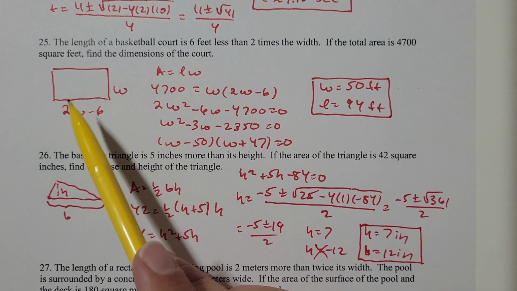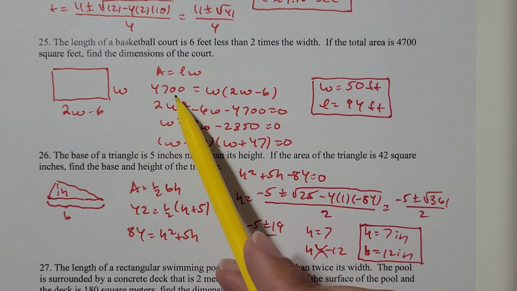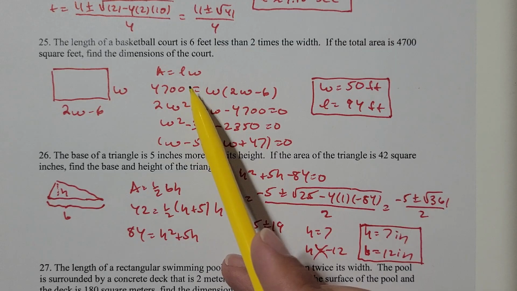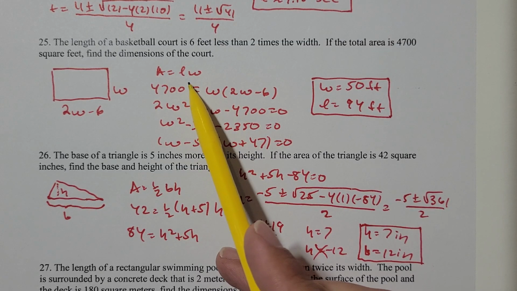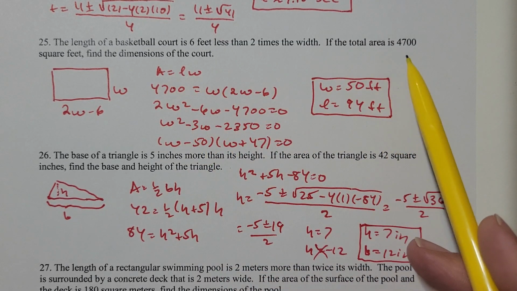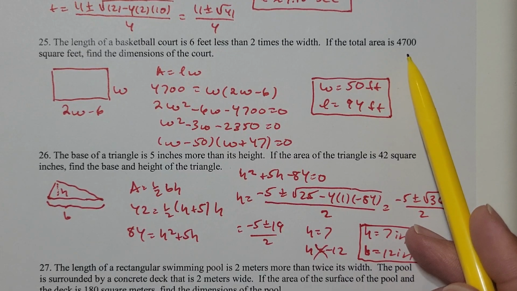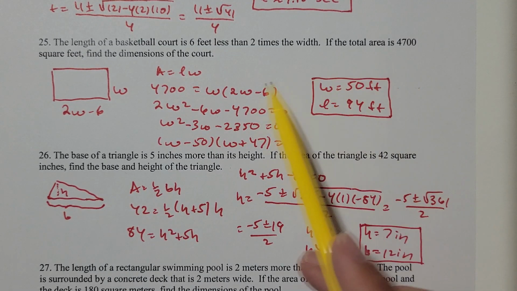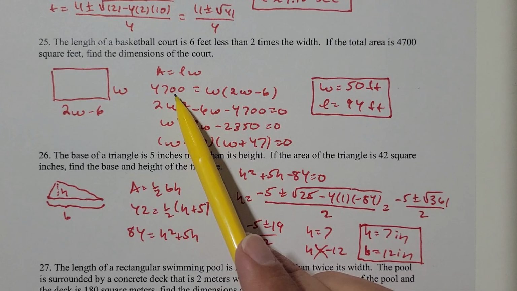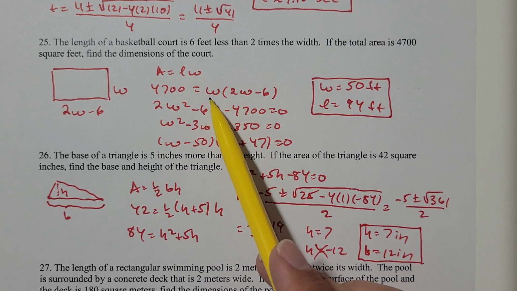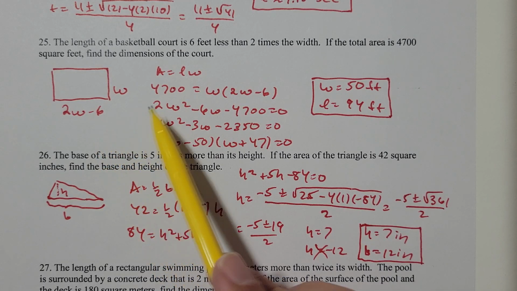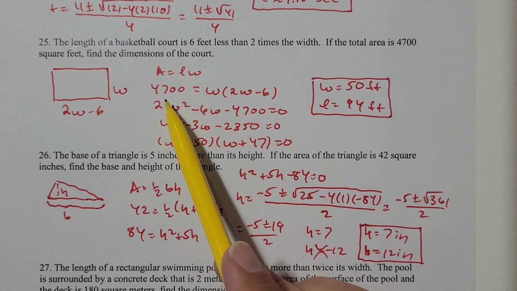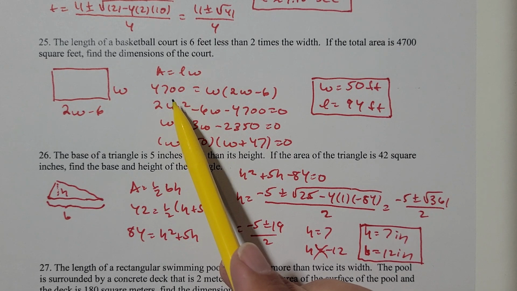Okay, we have a rectangle, and the area of any rectangle is always length times width. Now the area of this basketball court is 4,700 square feet. That's equal to length times width. The length again is 2w minus 6, so then times w equals 4,700.